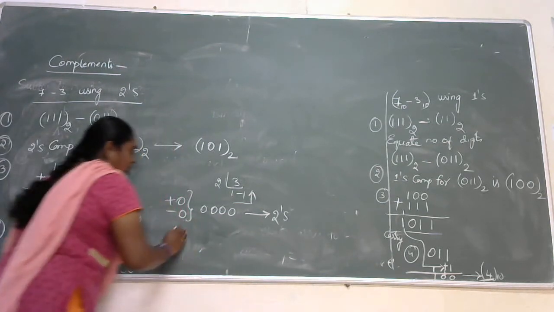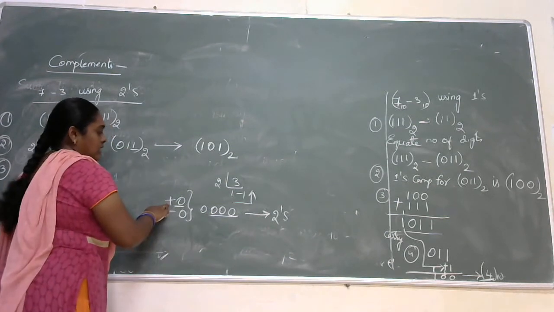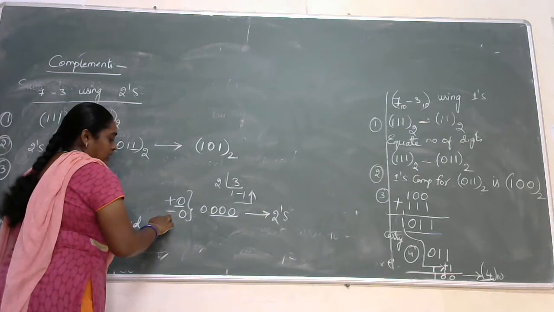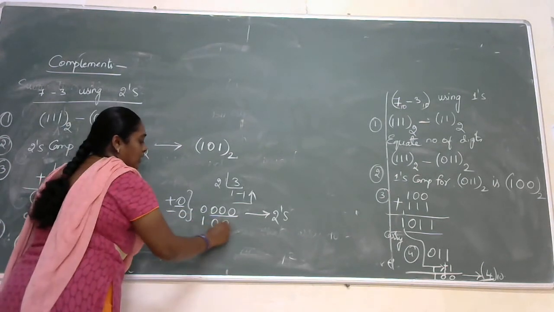Let me repeat that here. 0 itself indicates only 3 zeros. As it is plus, I am representing the sign bit as 0. As it is a negative number, I am representing the sign bit as 1 and all the remaining bits are 0.